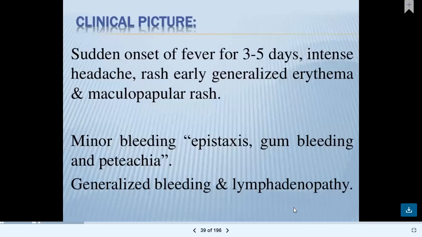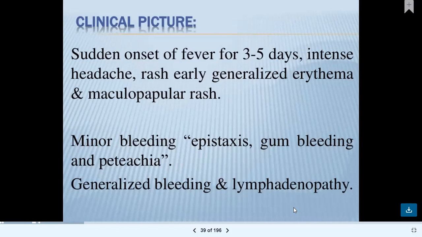If we look at the clinical picture of this disease, there is sudden onset of fever for 3 to 5 days, intense headache, rash, early generalized erythema, and maculopapular rash that you can see in dengue fever. A patient suffering from dengue will have these kinds of symptoms.